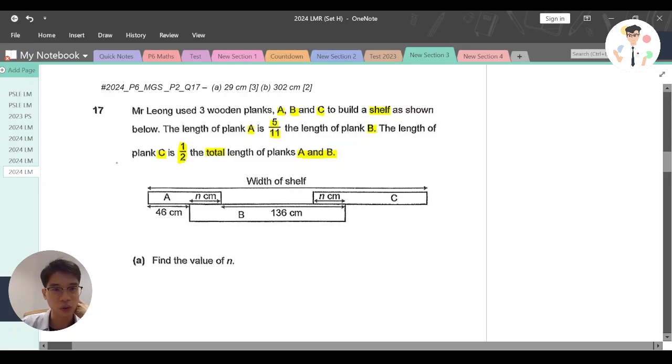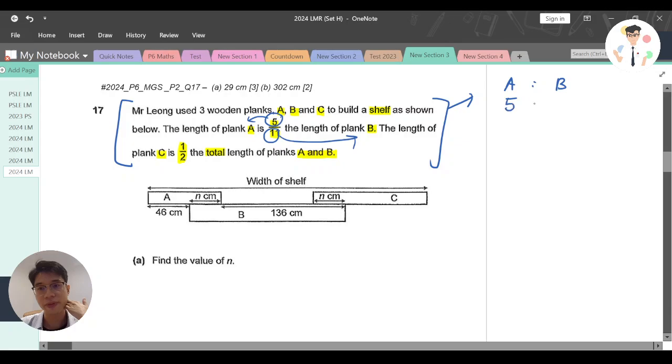This tells us A to B. Again, A is 5 over 11 of B, so I know this 5 belongs to A and this 11 belongs to B. So here is 5, here is 11. And the length of C, now I have another C here, is half of the total of length A and B. So if here is 1, here will be 2.